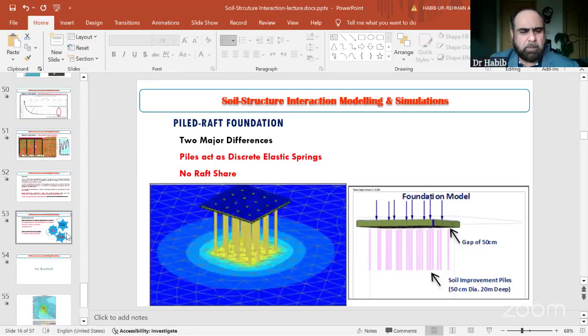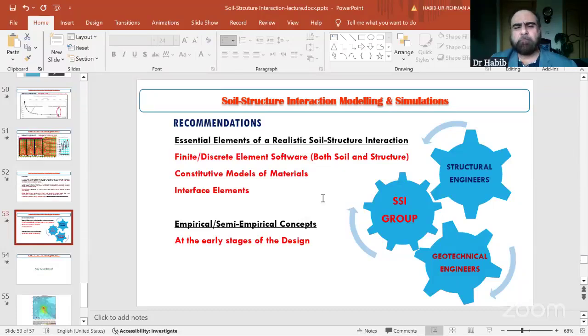That's right, there are many softwares that exist for SSI. Here, I have listed the requirements for the performance of soil structure interaction modeling. The software should have the capability of modeling both soil and structure precisely and equally.